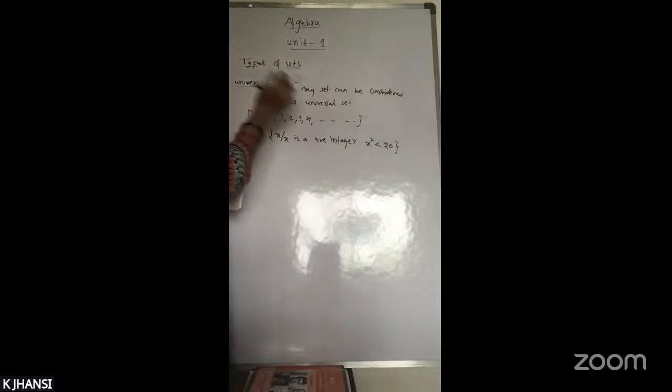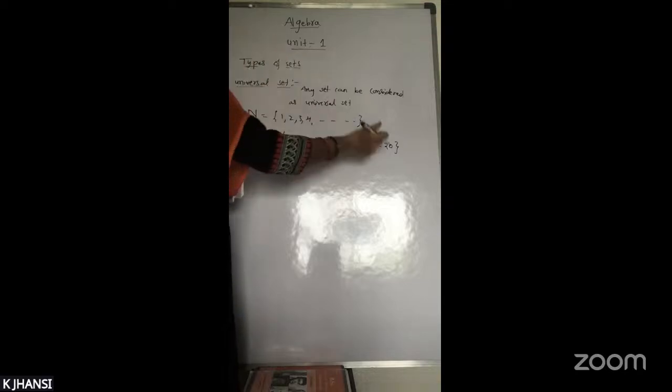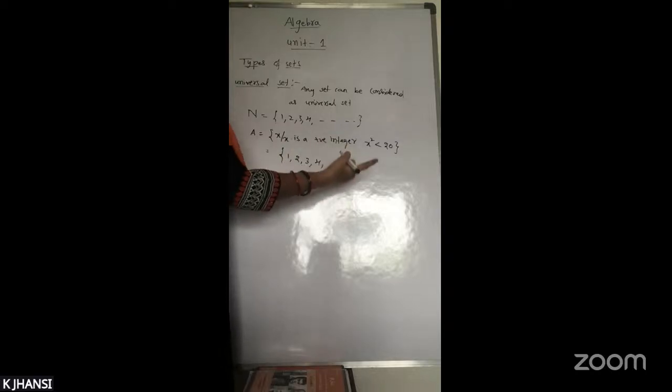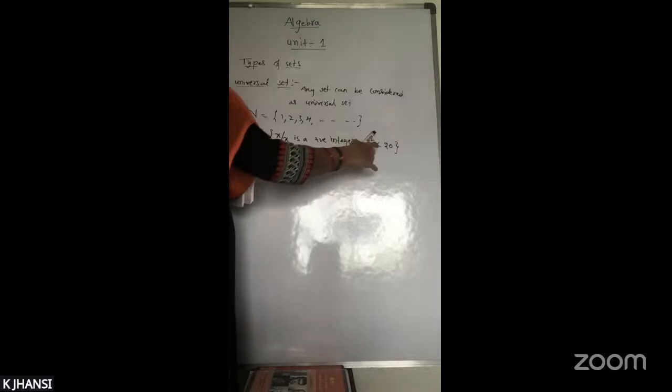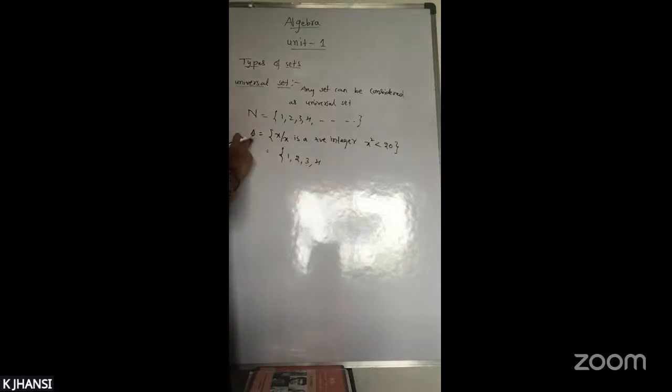The x square value should be less than 20. 1 square is 1, 2 square is 4, 3 square is 9, 4 square is 16, 5 square is 25, which is greater than 20. So only 1, 2, 3, 4 are the elements of the set A.